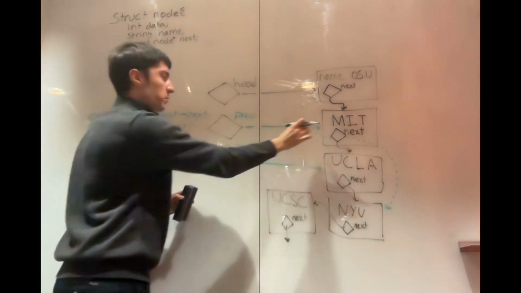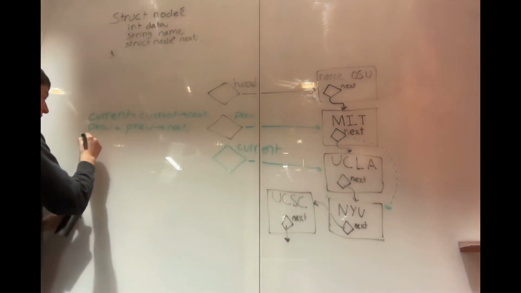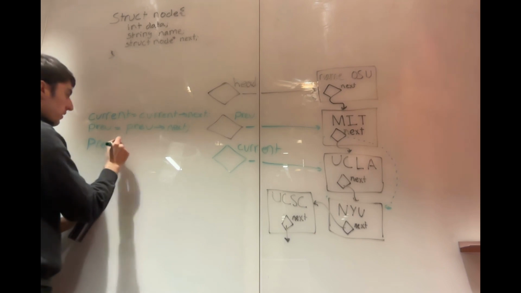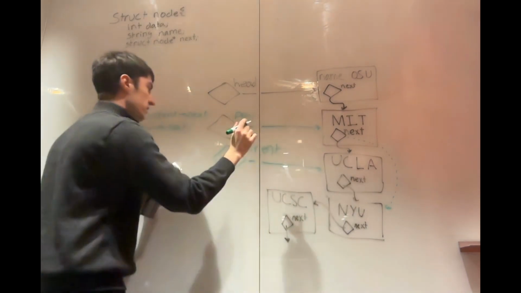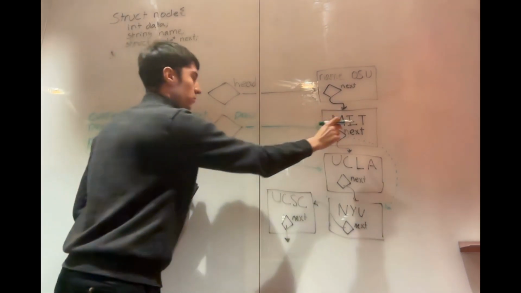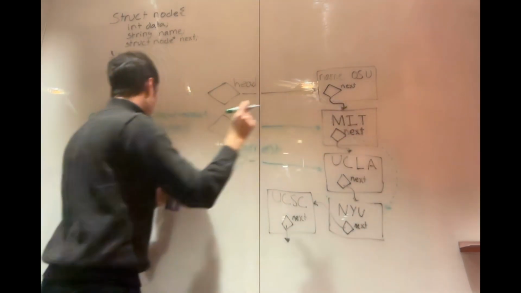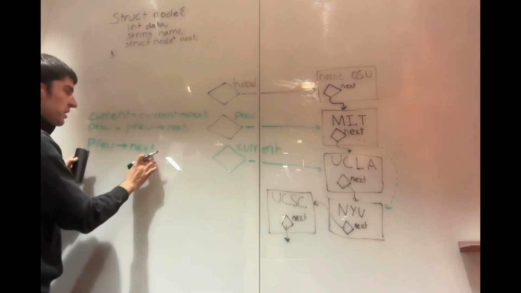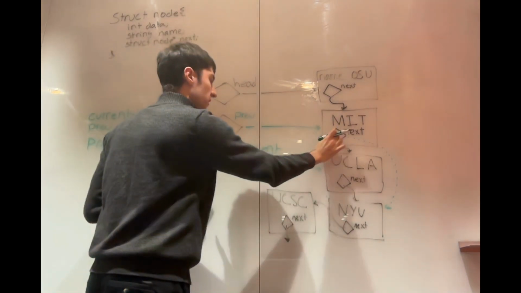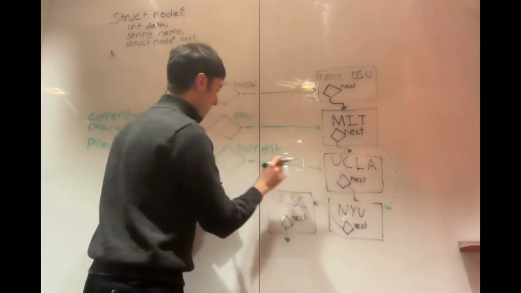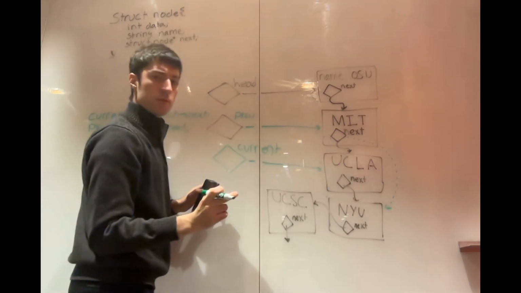Well, previous is pointing to MIT, so what we can do is prev, go to previous and access which member variable? The next. And we want to set this equal to what? To this one. Well, how do we do that? That's current next, right?